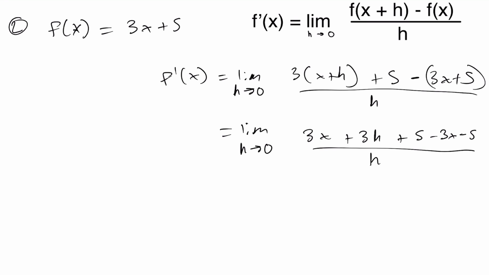Then we're left with the limit as h approaches 0 of 3h over h. When we apply 0 for h, we're simply left with 3. So the derivative of 3x + 5 is equal to 3.